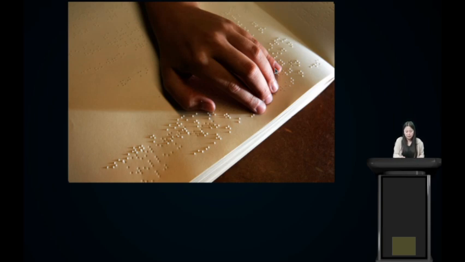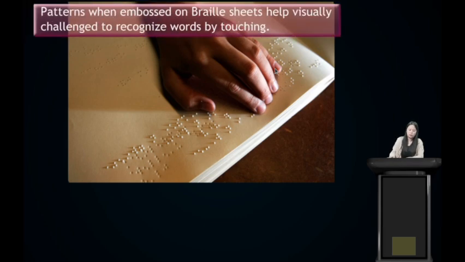When you observe this carefully, we see that the dots are raised a little higher. This is to make it easier for the visually impaired person to touch, to read and write. Patterns embossed on Braille sheets help visually challenged people recognize words by touching.